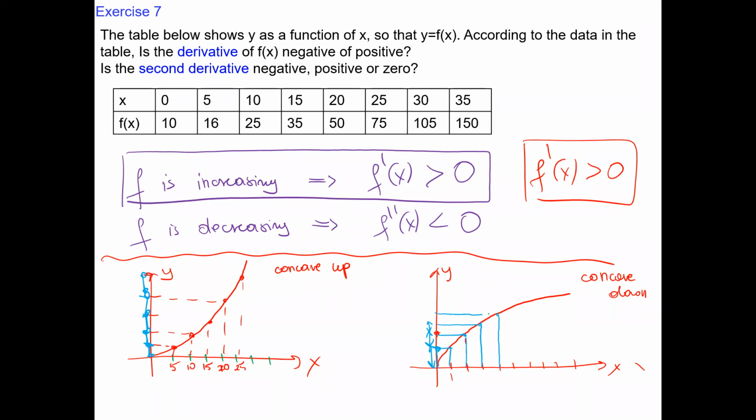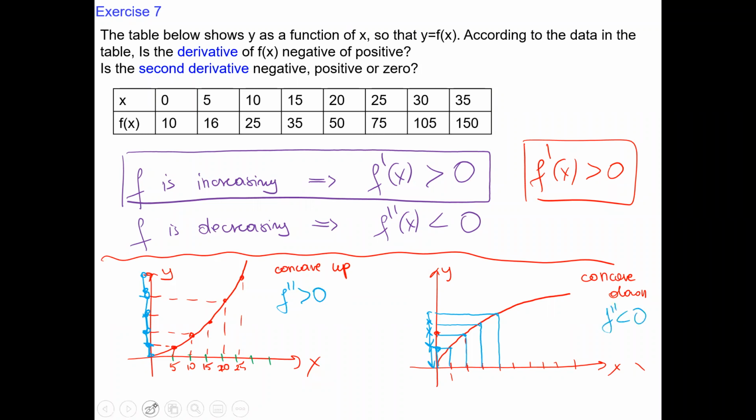That means the function is increasing, but the size of the increase is getting smaller for concave down. Please also note that this is the characteristic of concave up and concave down based on the values. If the size of increase of the y values is getting bigger, then the function is concave up, and if it's concave up, the second derivative will be positive. Of course, for concave down it will be negative.